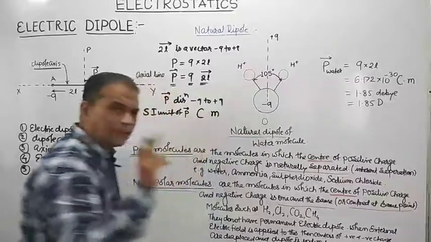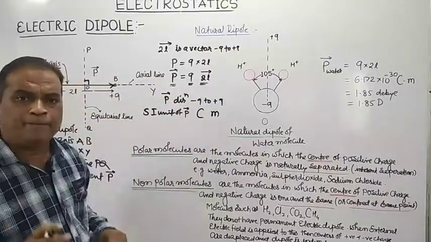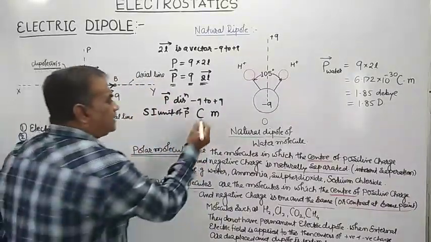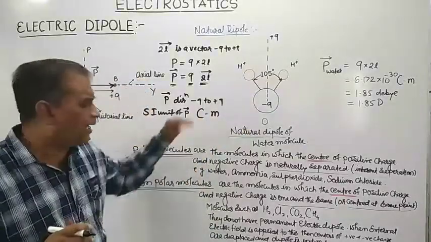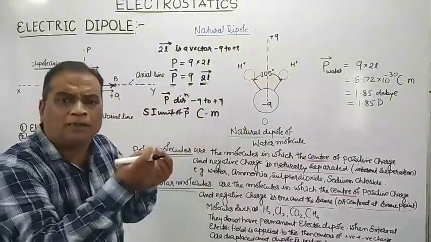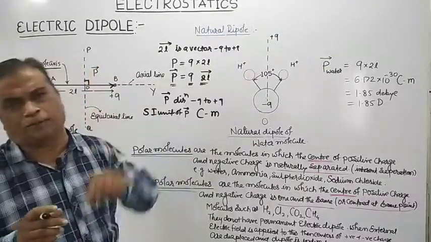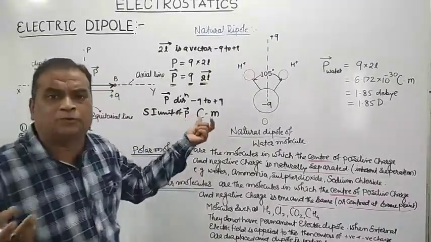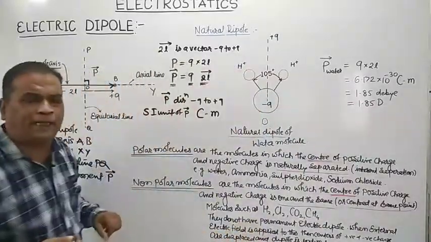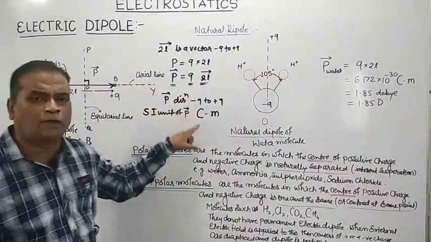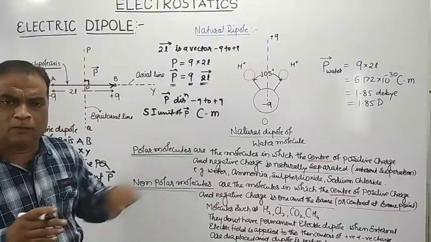So coulomb meter. Remember while writing the SI unit, either put a hyphen sign, or put some gap between coulomb and meter, or otherwise it may seem to be centimeter. So be careful. The SI unit of electric dipole moment is coulomb meter.